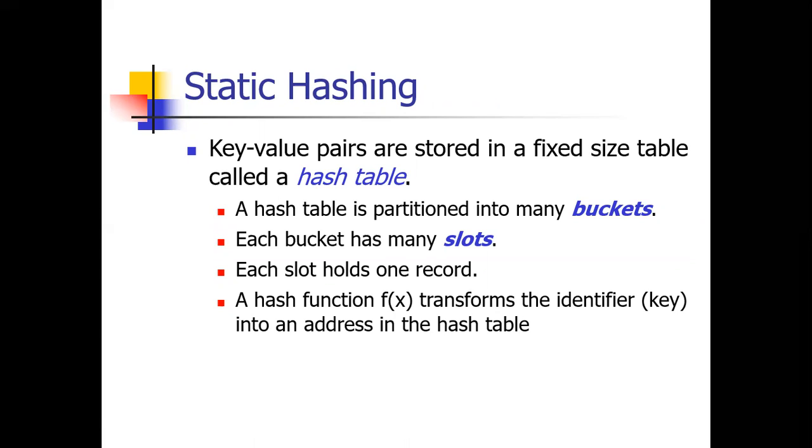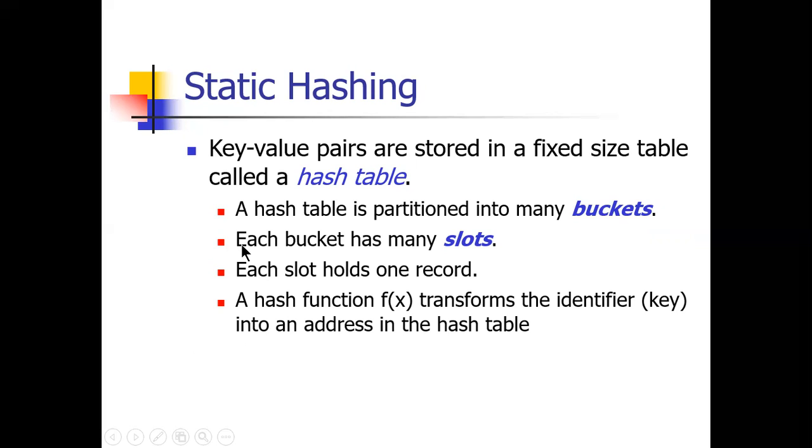The word static means constant, or something that is unable to grow, something unscalable. So when you see static hashing, the idea is that we're looking at a fixed size table. It is a hash table that is partitioned into many buckets, and each bucket has slots that hold data or records, and there's a function that transforms these keys into the address that locates the data in the table.